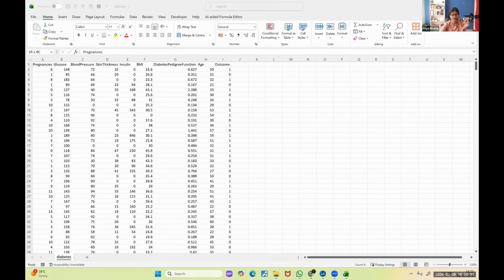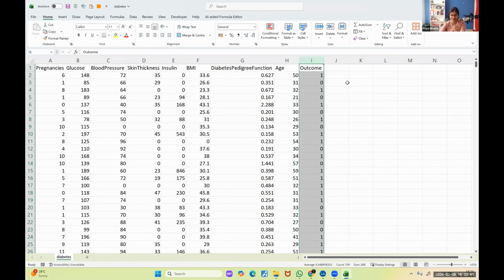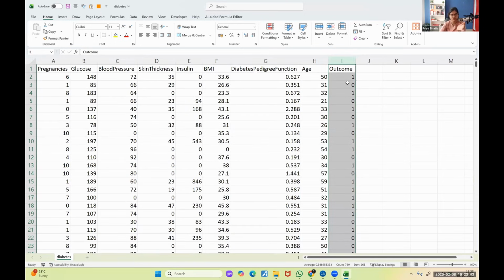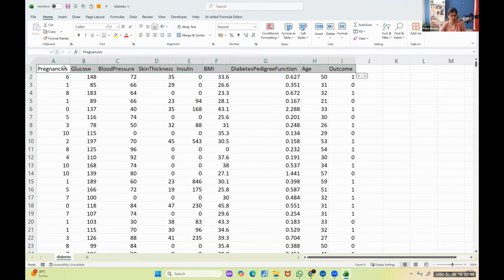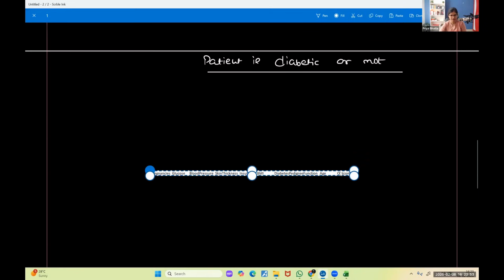Based on these features, we have one specific column called outcome, which gives the value 1 or 0. 1 means that a patient is diabetic, 0 means the patient is non-diabetic, or in other words, the patient is normal.